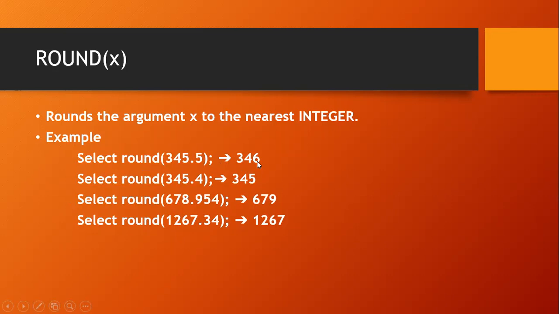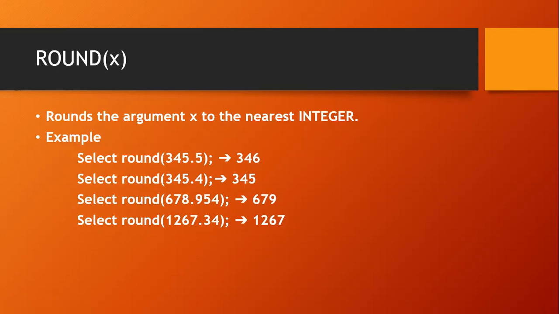Your answer will be 346. Select round of 345.4. Before removing this decimal place, it will check whether it is greater than or equal to 5. It's not, so there is no change in the ones place. Hence, the output is 345.